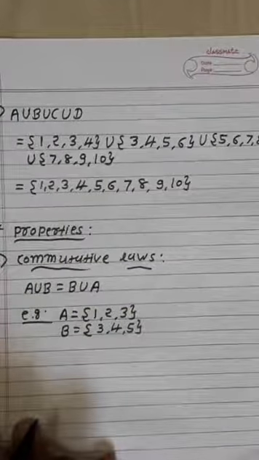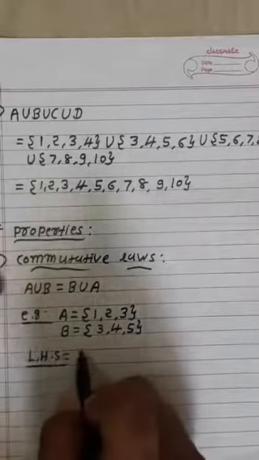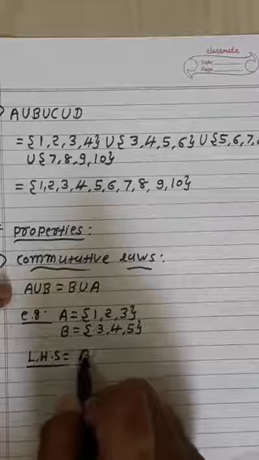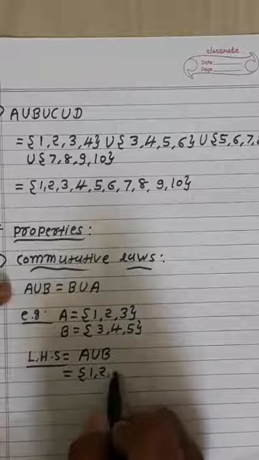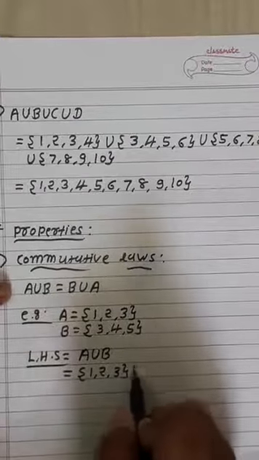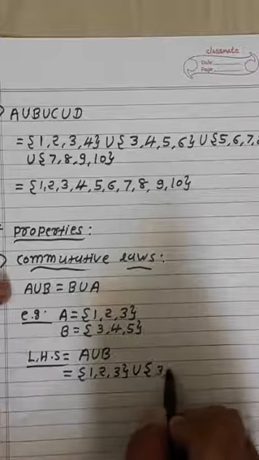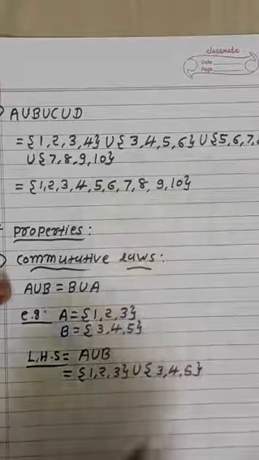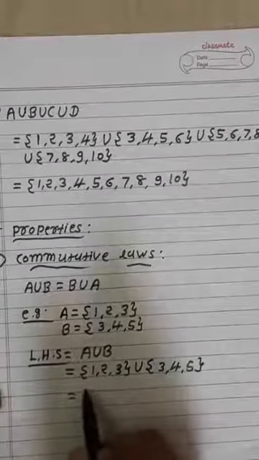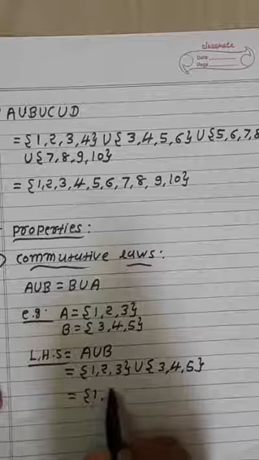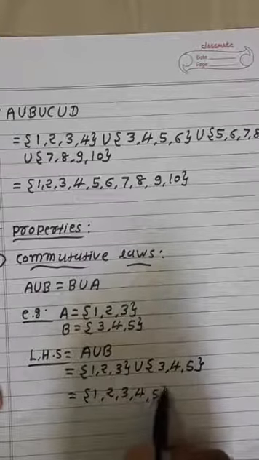Now first of all on the LHS side we write A union B, that means in first position set A, so we write 1, 2, 3 union in second position set B, so we write 3, 4, 5. So A union B, that means the answer is 1, 2, 3, 4, 5.